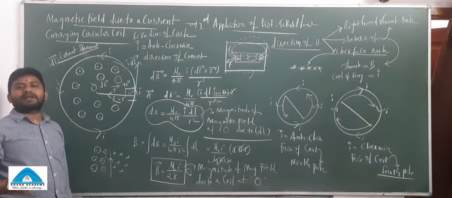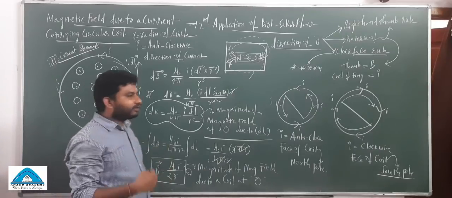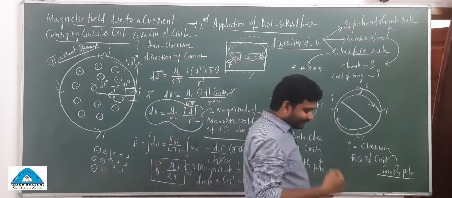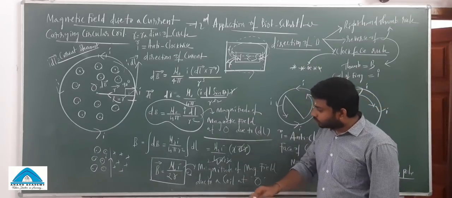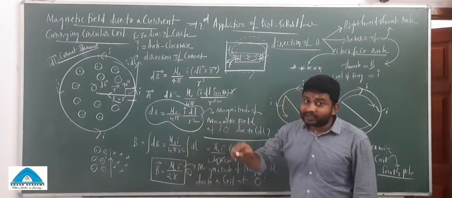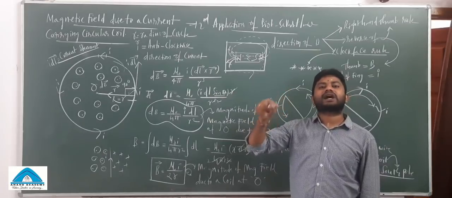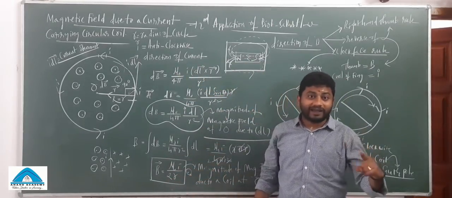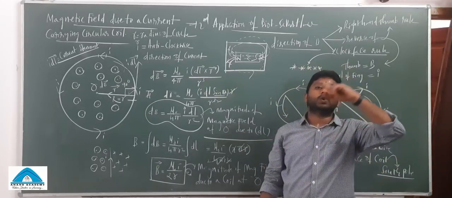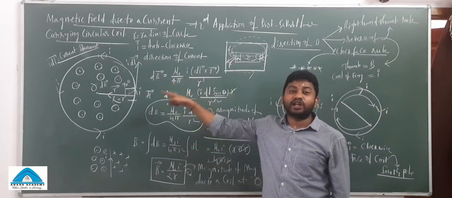Now, so many applications are there, so one by one we will be discussing them. And before moving to the applications, listen to me carefully. So this is the final expression, right? Magnetic field due to a circular current carrying coil at the center. This is for when there is a single loop.